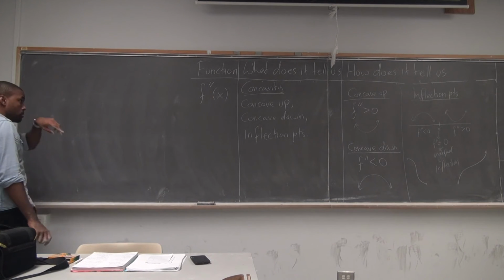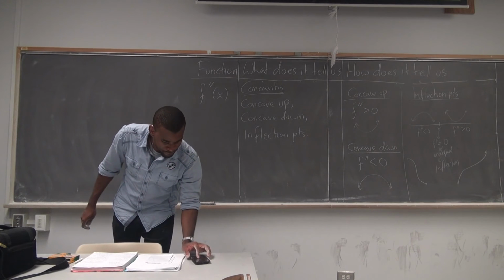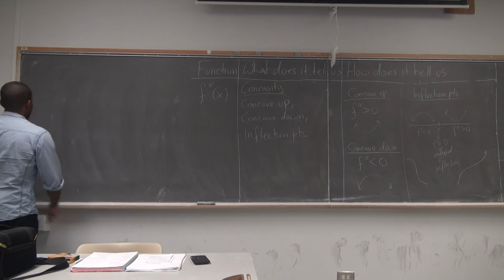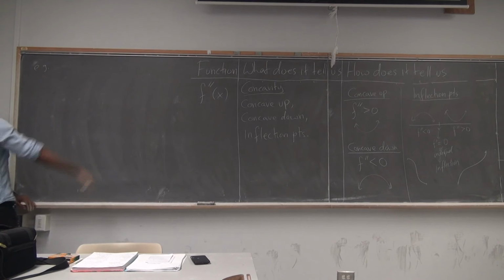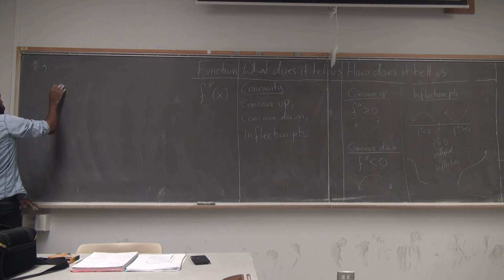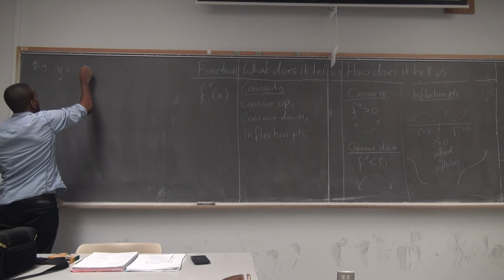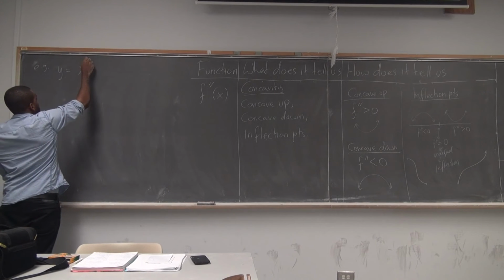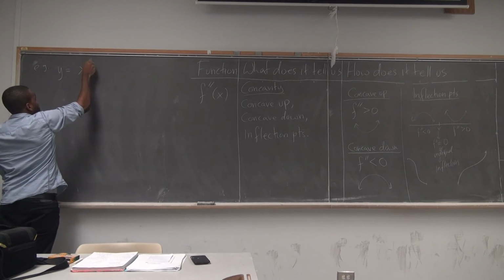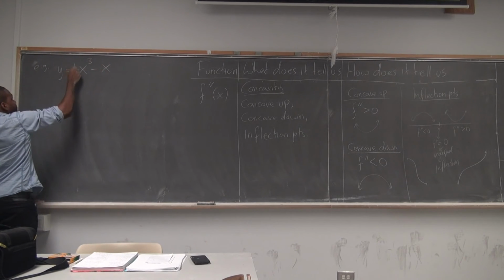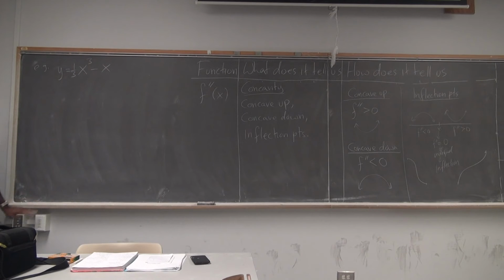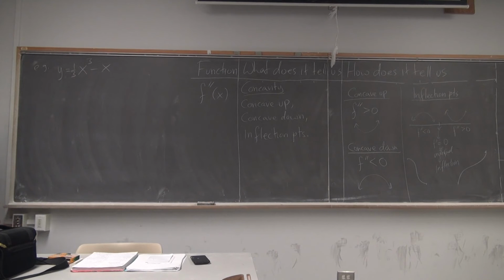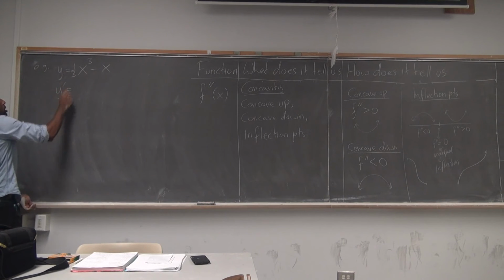So for example, if I'm giving you some function like that, and you want to graph this, so let's say this function represents something meaningful to you, and you can take my word for it.